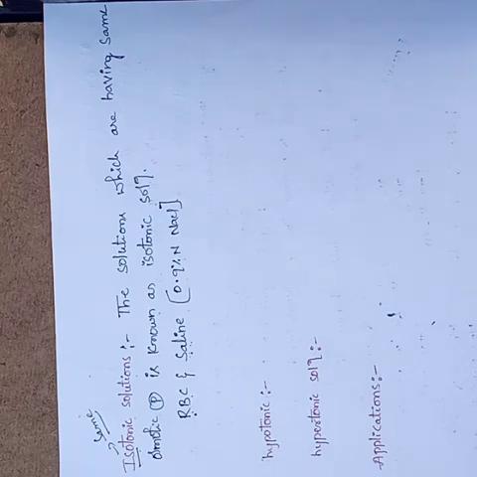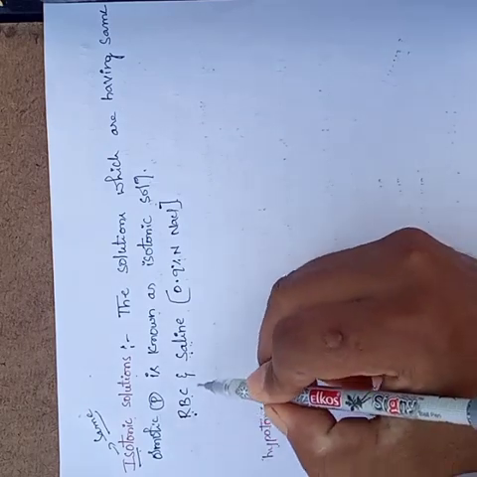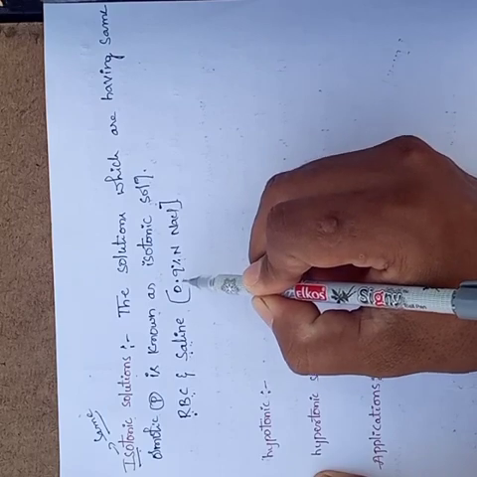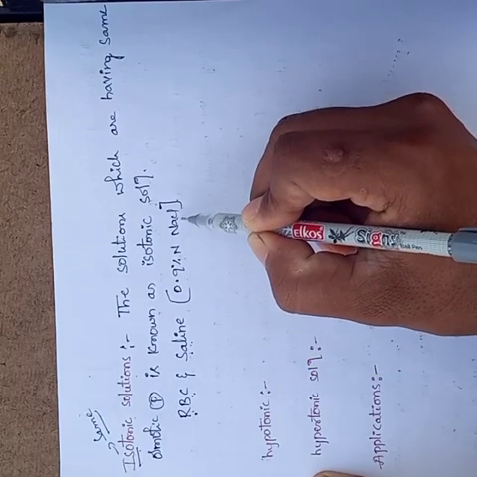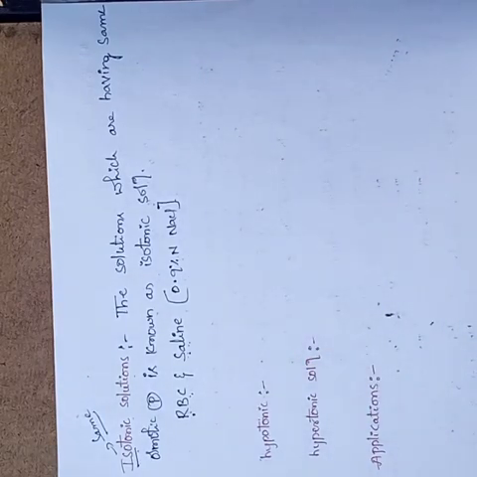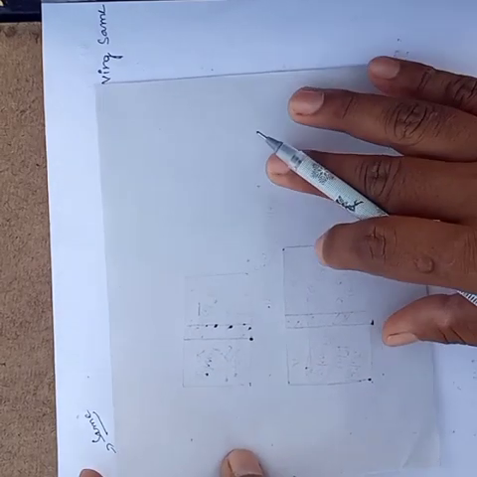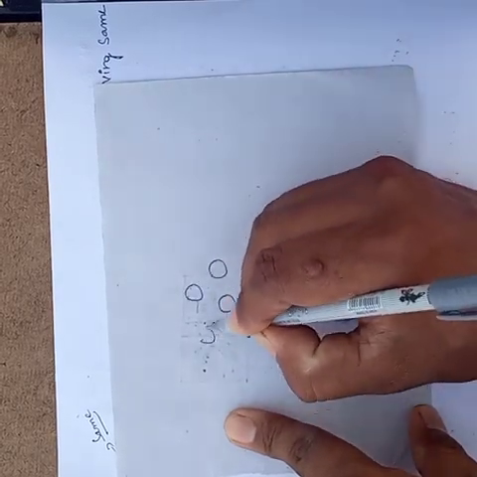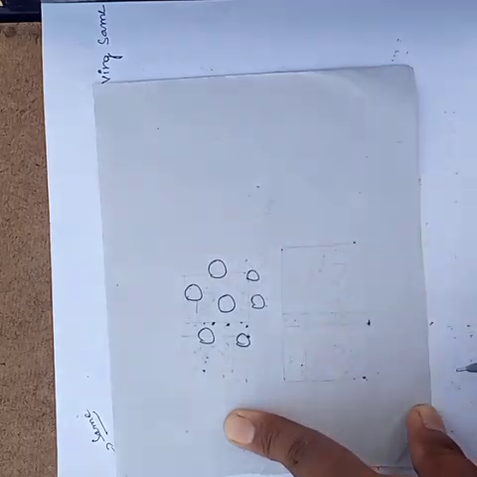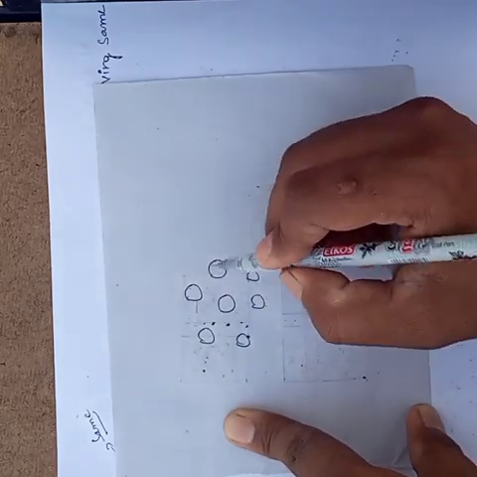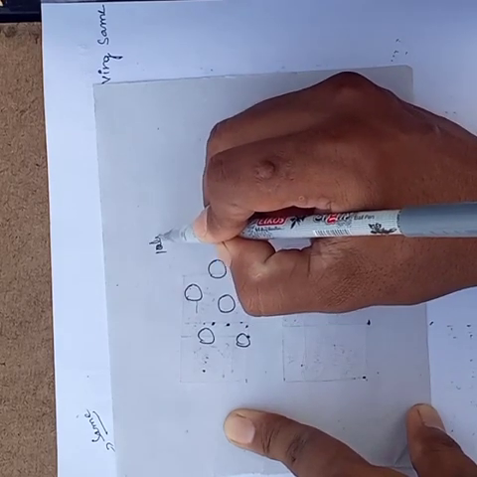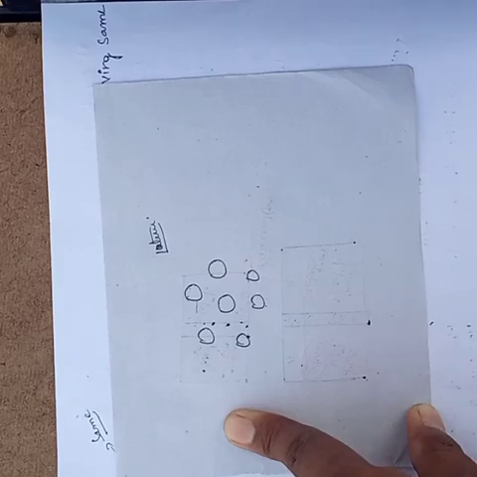And one more thing: whenever we keep these RBC cells in more than 0.9% normality of sodium chloride, what will happen? For example, take this one as the RBC cells, having, for example, 1 atmospheric pressure.